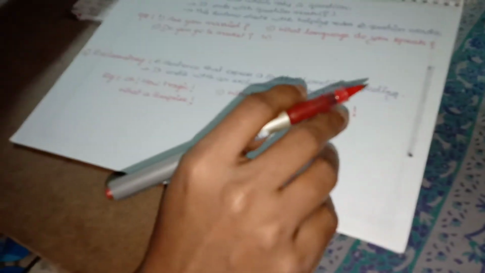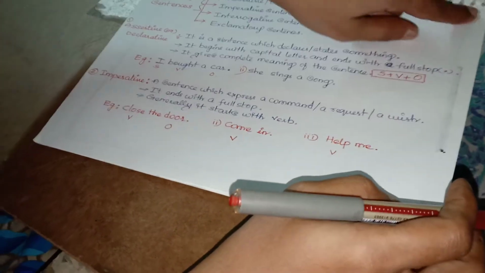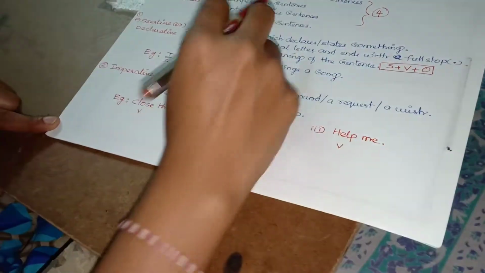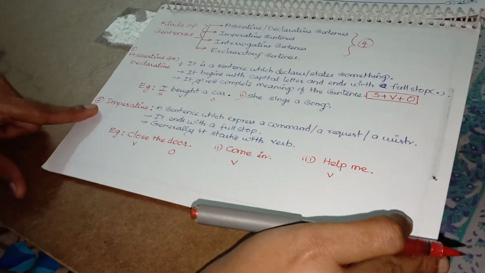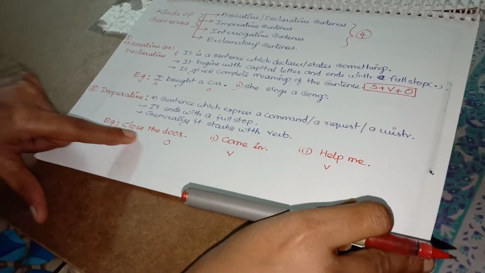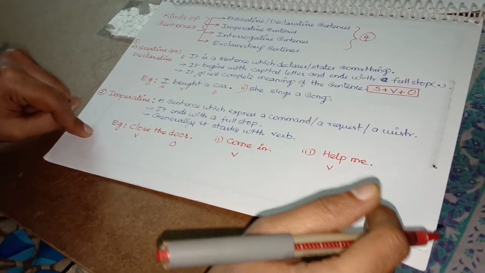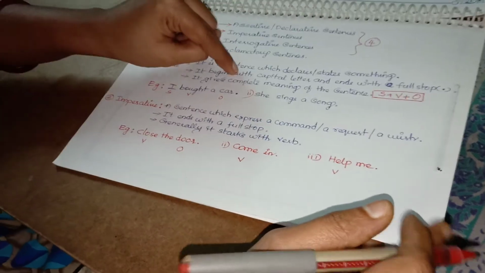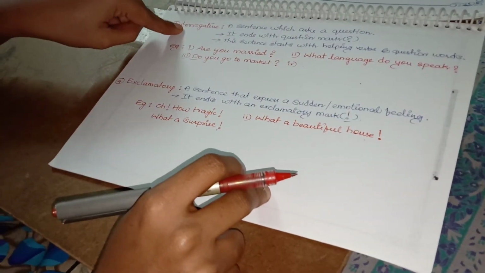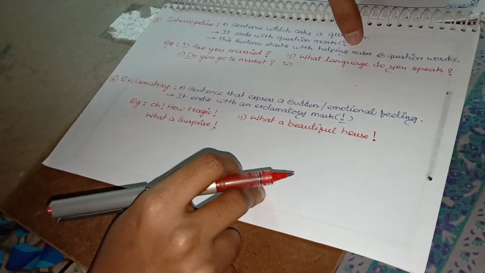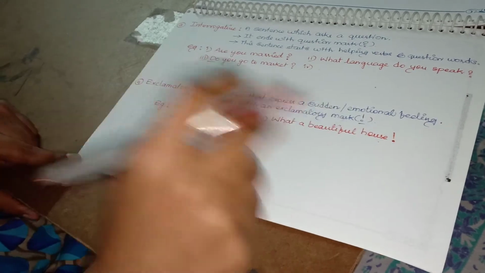So like this, the four sentence types have different things and different purposes. Declarative is simple, and it gives complete meaning. Imperative starts with a verb and is followed by an object. No subject will be here, and generally it starts with a verb and ends with a full stop. Here also it ends with a full stop. Coming to the interrogative and exclamatory: interrogative, we can easily identify that it starts with a helping verb or question words and ends with a question mark.